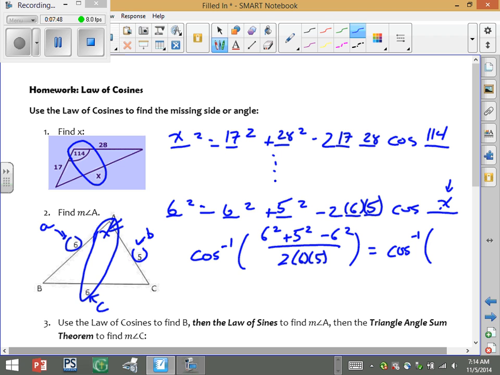So 6 squared plus 5 squared minus 6 squared, put that in the calculator, it's 25. And then 2 times 6 times 5 is 60. And now I would type into the calculator second cosine, 25 over 60, which is 65.38, which makes a lot of sense. 65-degree angle in a triangle.